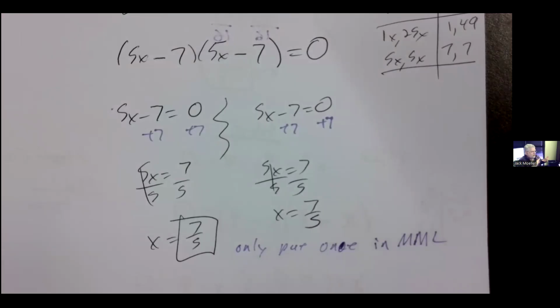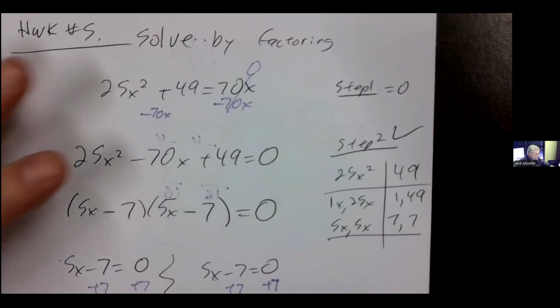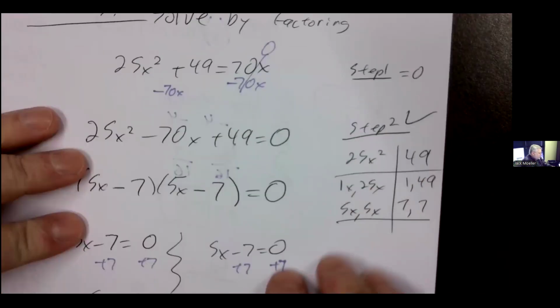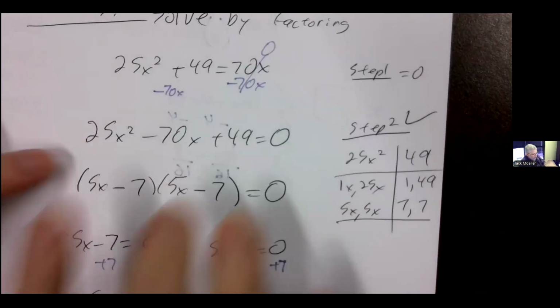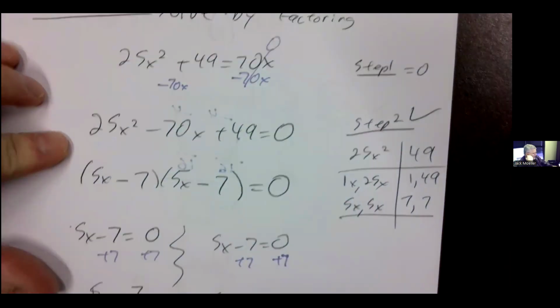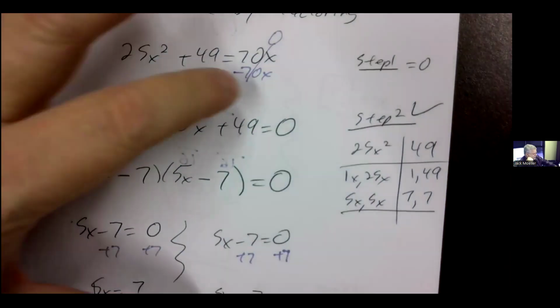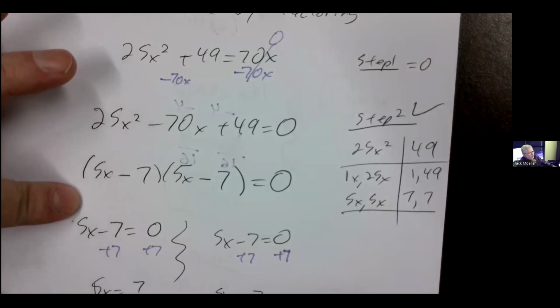Right, so this is the kind of messy solve by factoring. That's a trinomial with big numbers, and we got kind of lucky with the reverse FOIL method. With the AC method, you'd be doing 25 times 49, looking for all the factors, but eventually you'd get here.